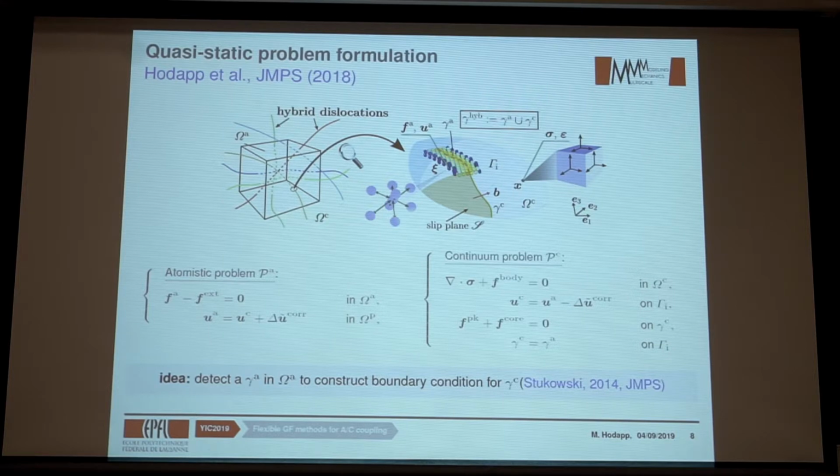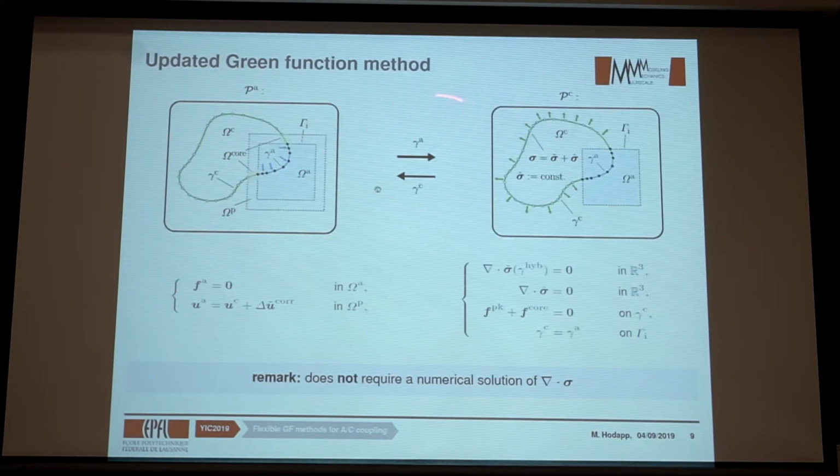And now we can set up a boundary condition for our state variable in the continuum problem. So we just say, okay, our continuum dislocation line has to match the atomistic dislocation line at the artificial interface. So how can we evolve that problem? Well, we just split the problem into two parts.